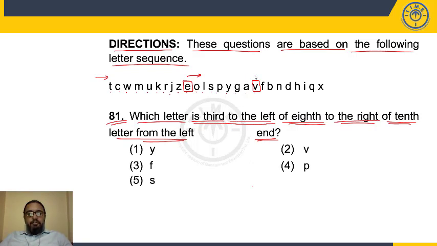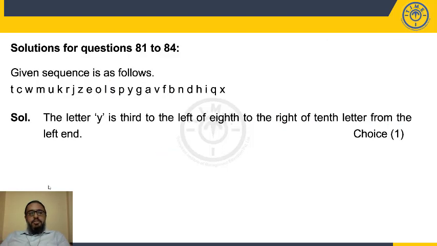Left is this side. Now I count the third letter. So 1, 2, 3. So my answer is Y. And Y is given in first option. Choice 1. Then next.